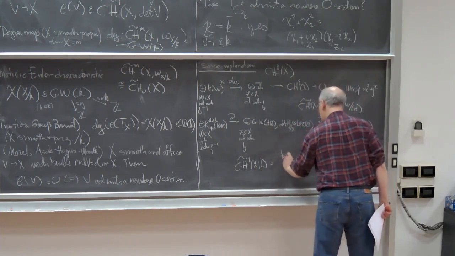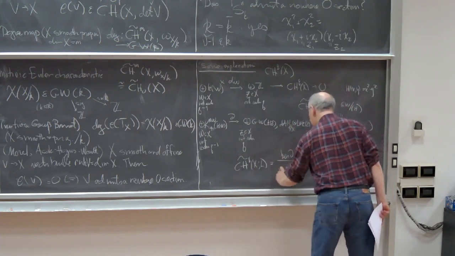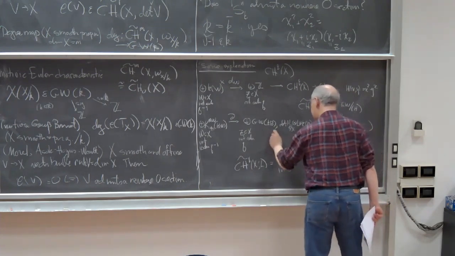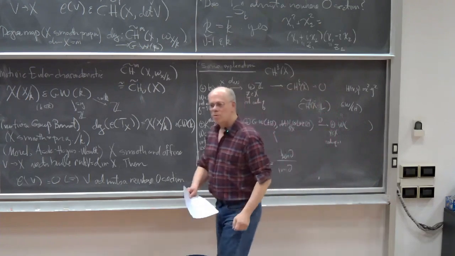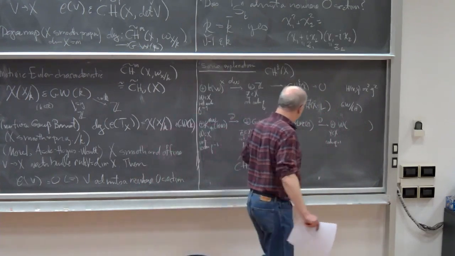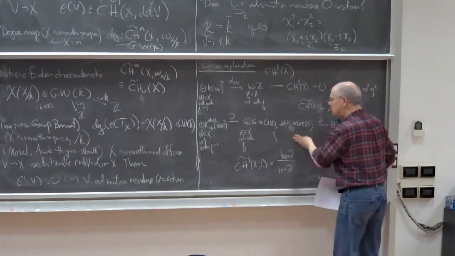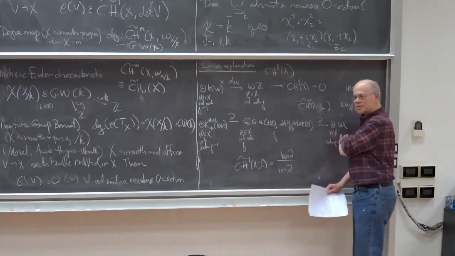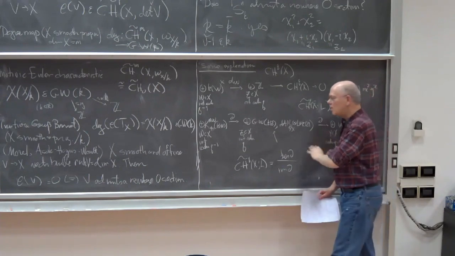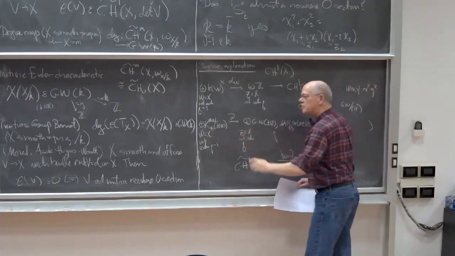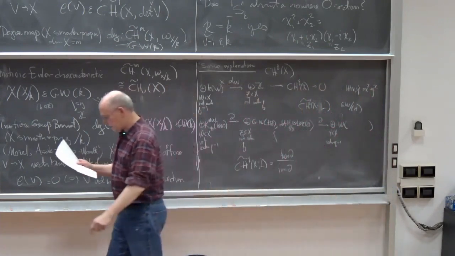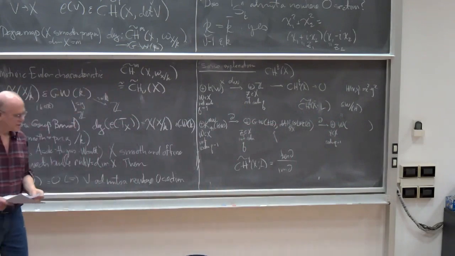It's the kernel of del modulo the image at this spot. So you really do have things, these are the chains, or cochains. There's a boundary map here that has to be 0, and then you mod out by boundary of chain of one dimension higher. Good, okay, that's that.